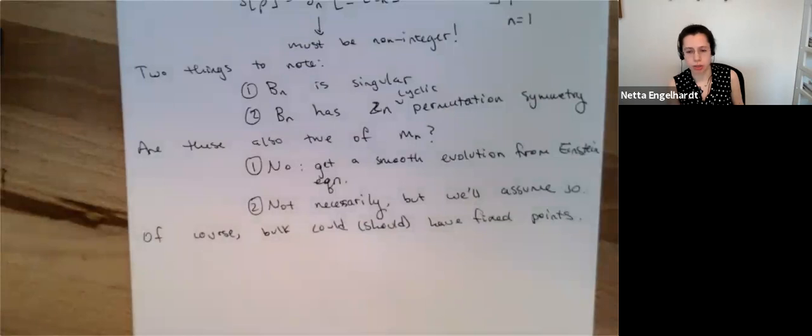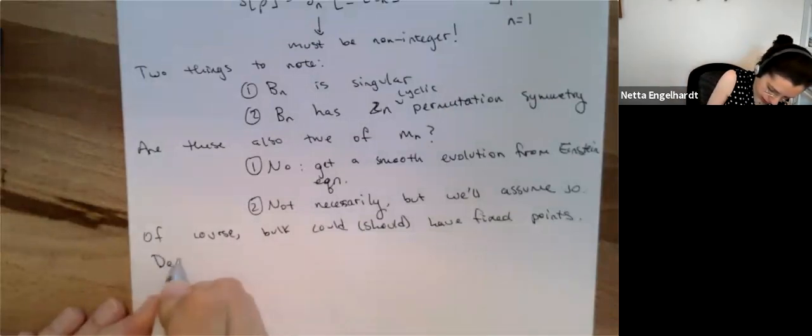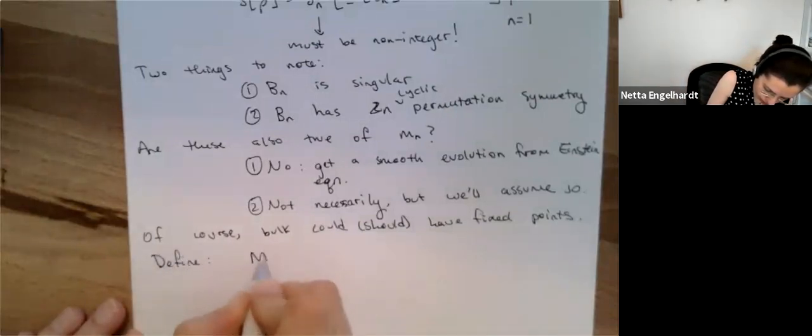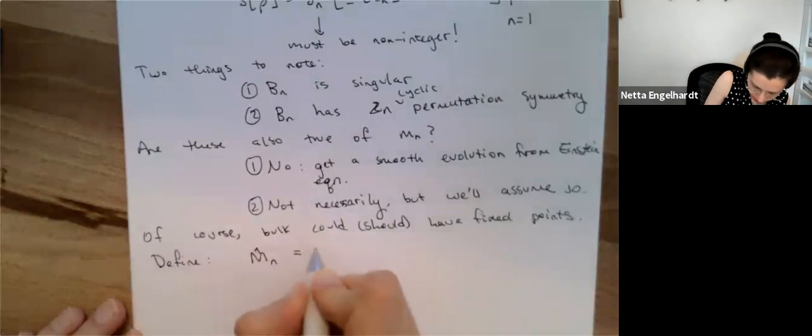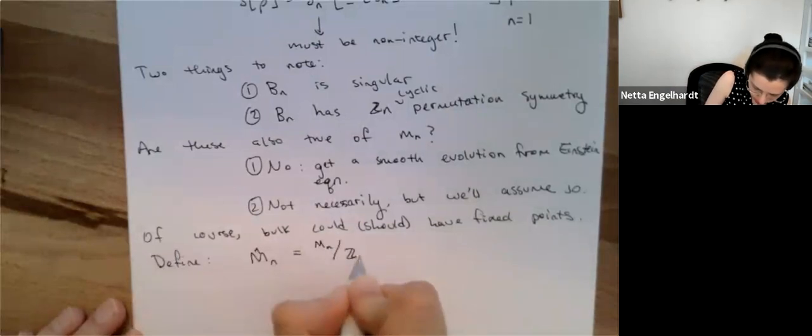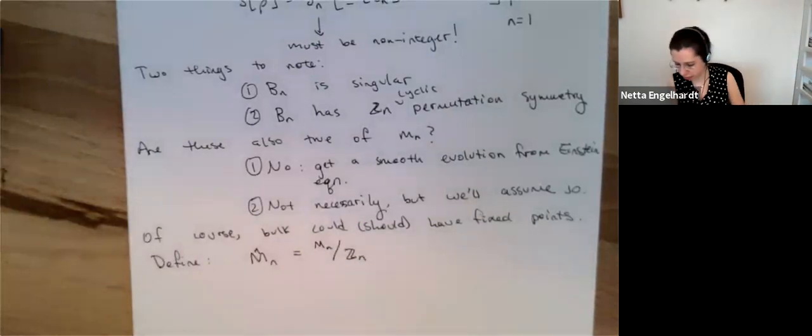So what we're going to do is quotient out by this Zn symmetry. We're going to define a quotiented geometry, M hat, which is Mn quotiented by Zn.